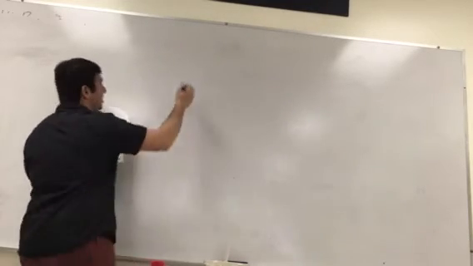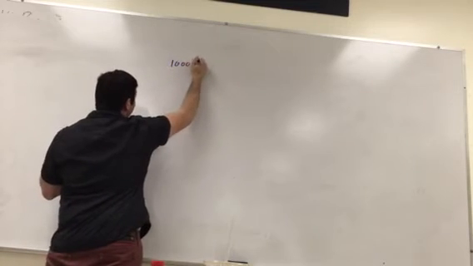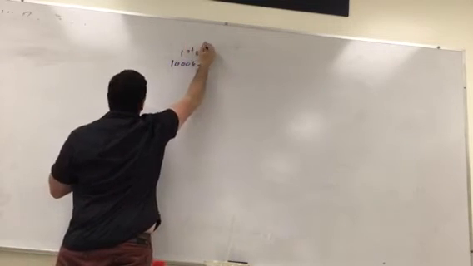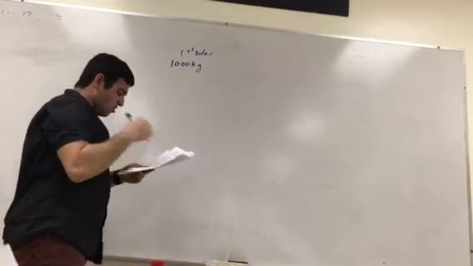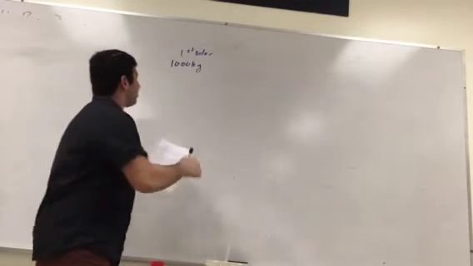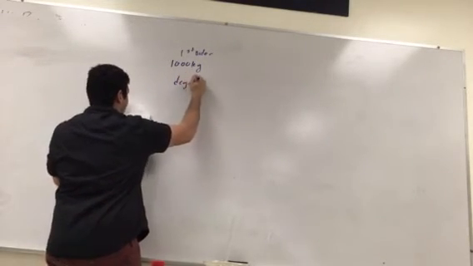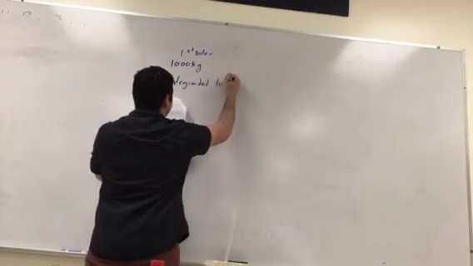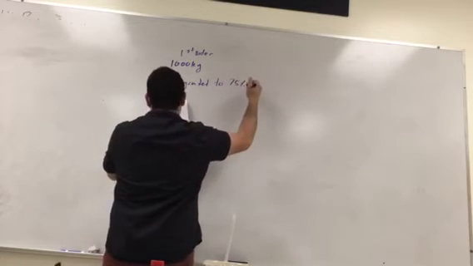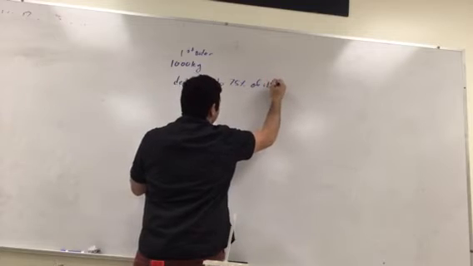Okay, the other way is the same situation. Let's say we have 1,000 kilograms of limestone, it's a first order reaction, and it was degraded to 75% of its original size.